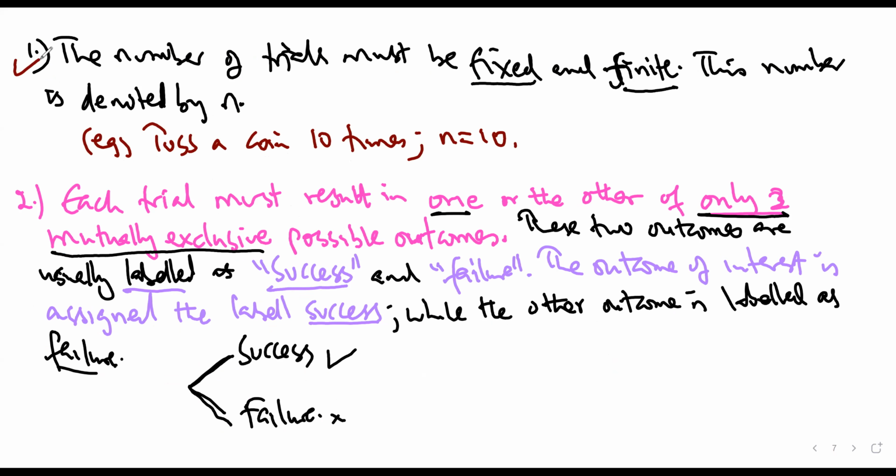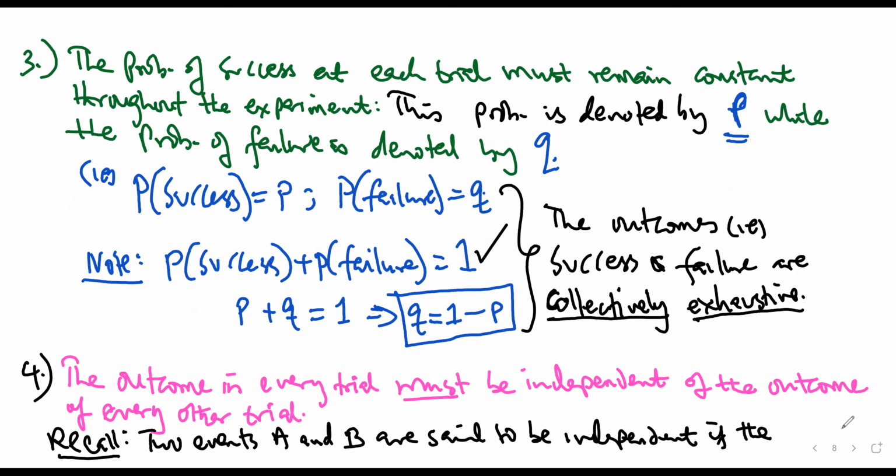Every time you toss a coin, only one outcome will occur, that is either a head or a tail. So that will also be okay. Then the probability of getting a head or a tail does not change at any point in the experiment. And then we can argue that the tosses are independent throughout the experiment. So the experiment of tossing a coin is a simple illustration of a binomial experiment.